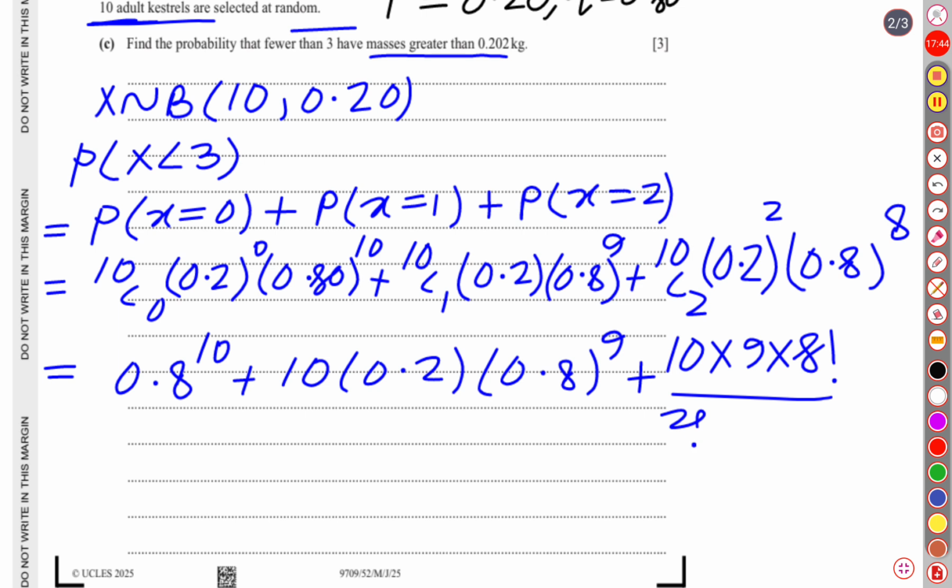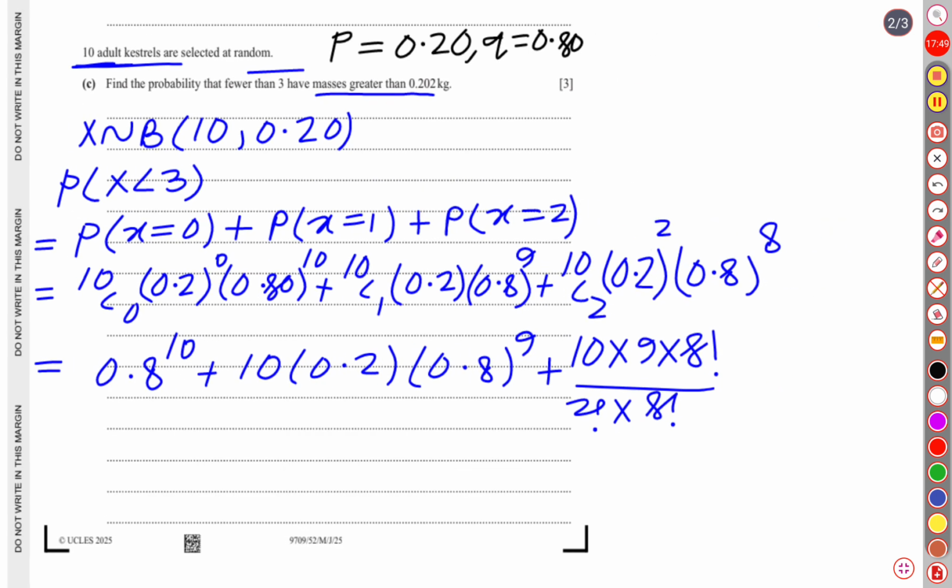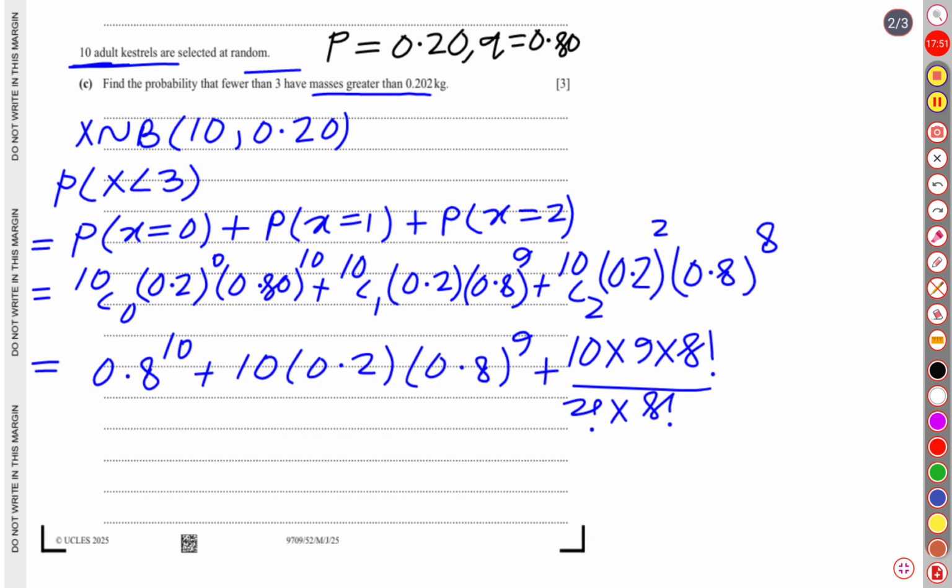Then our probabilities are 0.2 raised to 2 and 0.8 raised to 8. Here we can do some cancellation: 8 factorial cancels the other 8 factorial, and 2 factorial means 2, so it is actually 45.